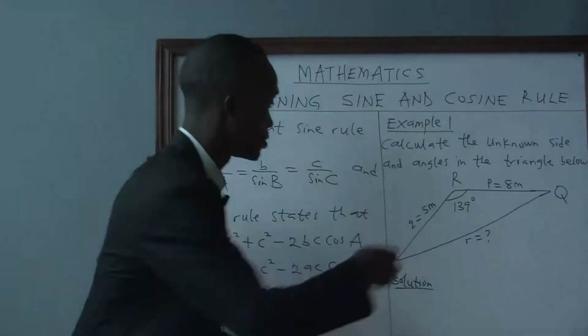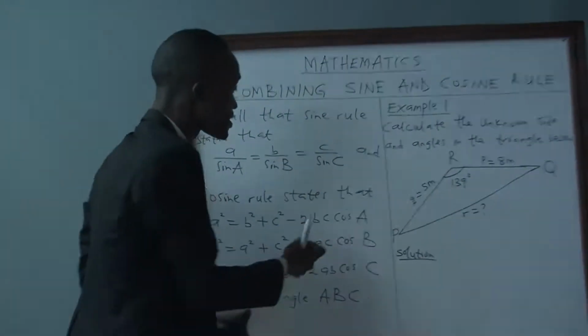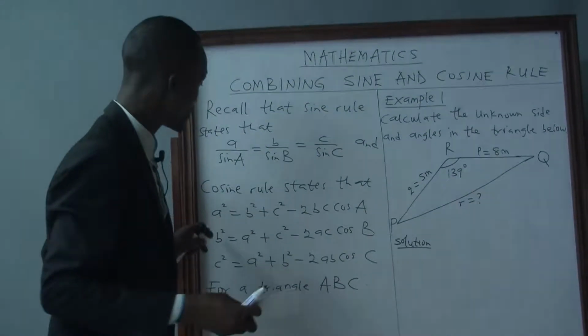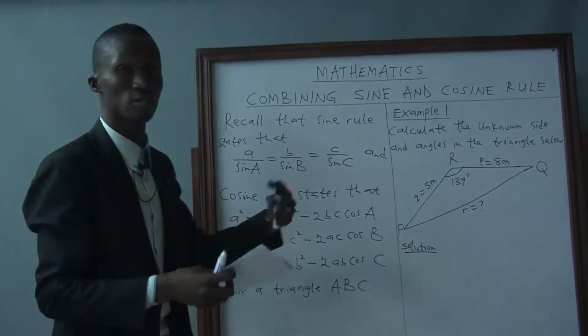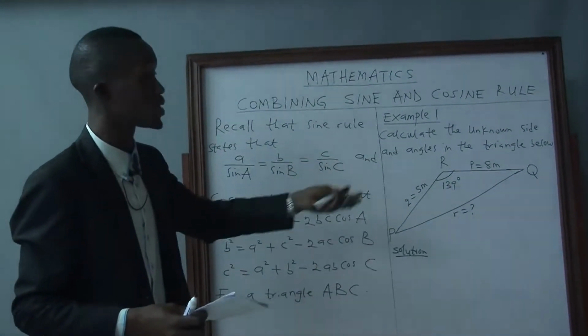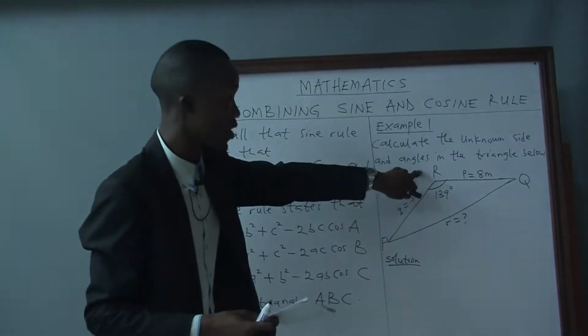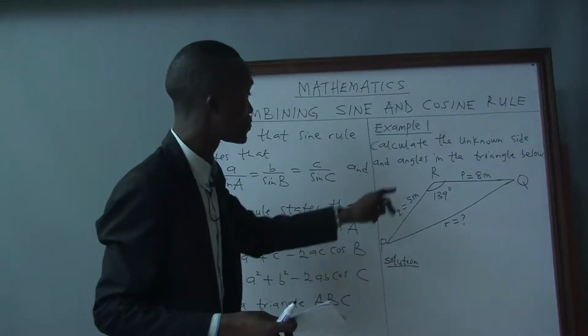We use cosine rule, and I said something during the last lesson that this ABC is not in all cases what we'll be using. ABC are just unknowns. We can also use PQR. According to what we have in the question, they use PQR.